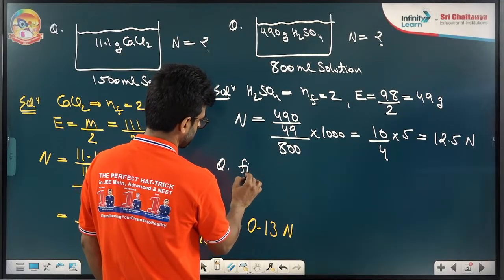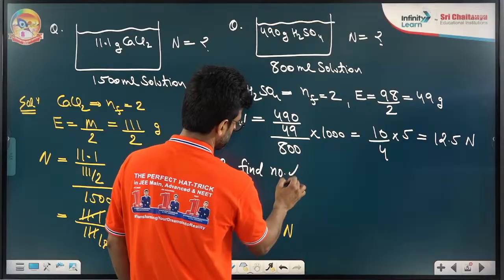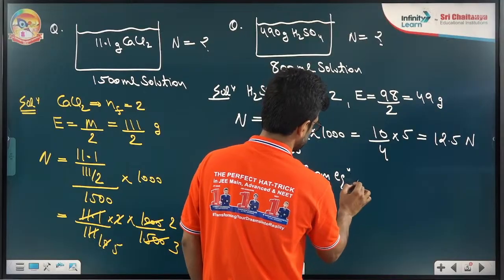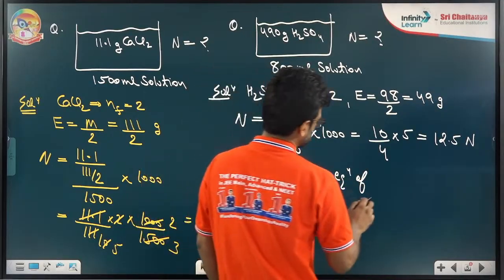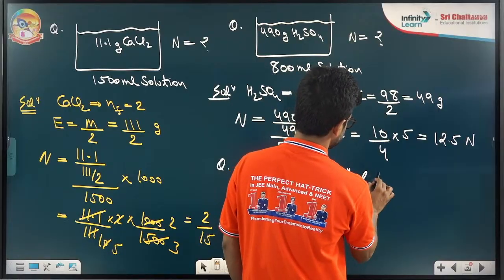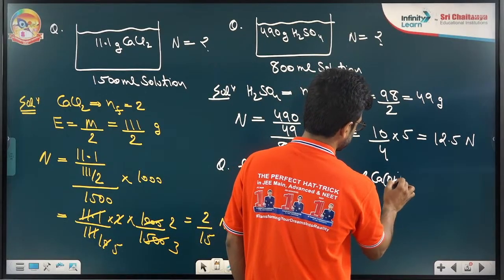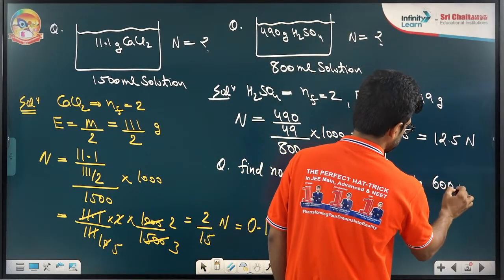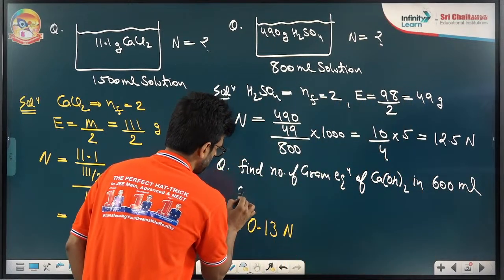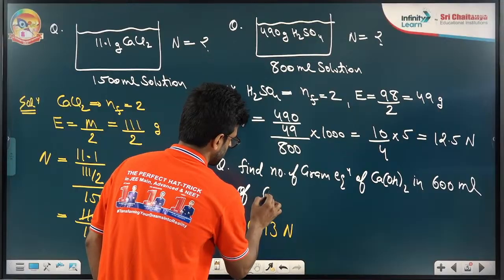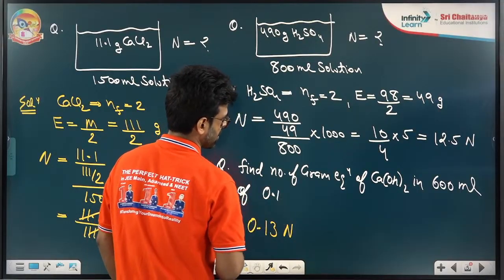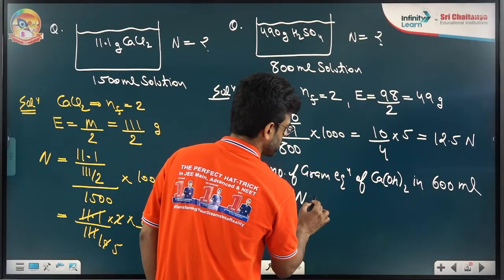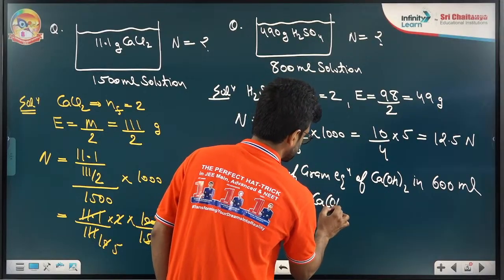Okay, the next one. Find the number of gram equivalents of calcium hydroxide in 600 ml of 0.12 normal calcium hydroxide solution.